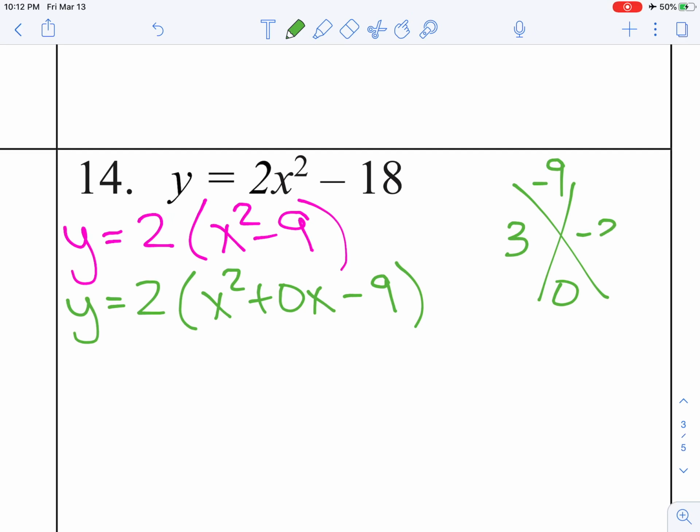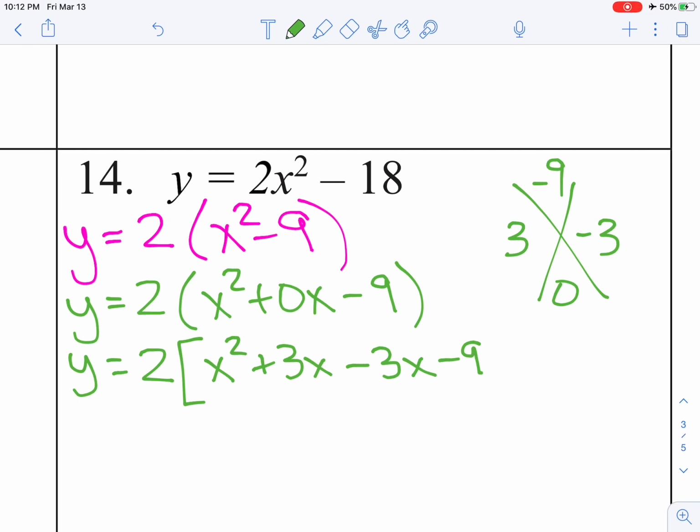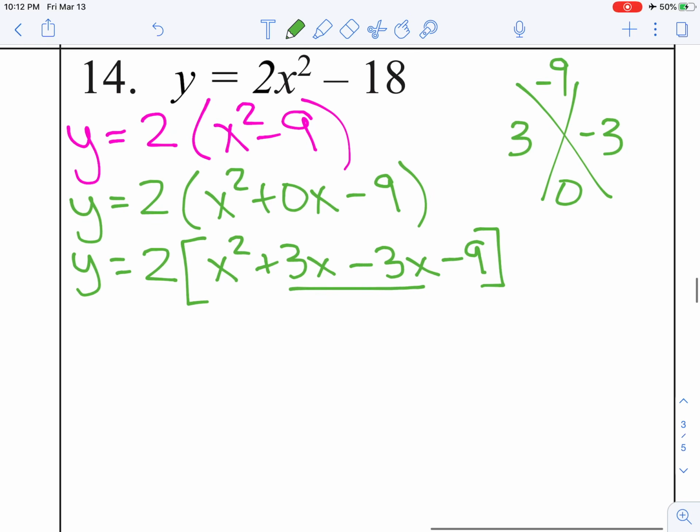That would be 3 and negative 3. So 2, then we have x squared plus 3x minus 3x minus 9. Let's look at it. Do these two numbers add to 0? Yes.